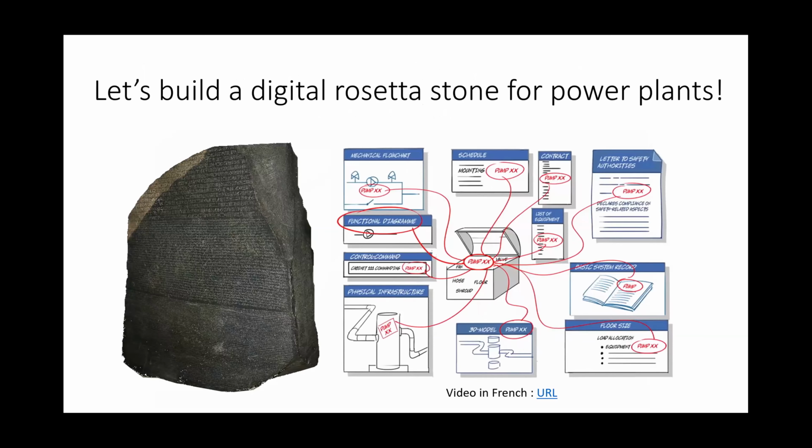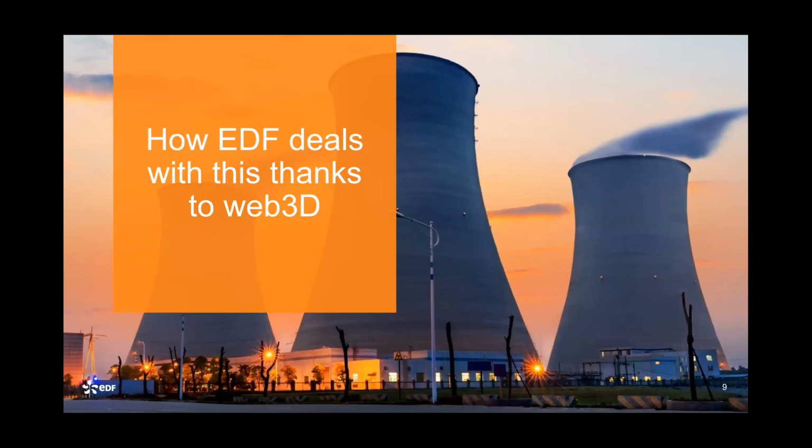So what we discovered is that we have our kind of Rosetta Stone. In fact, all our equipment has a code name, and this code name can help to link all the information together to be able to propose a new interface to our engineers. So Rosetta Stone or digital twin, I let you choose the right term.